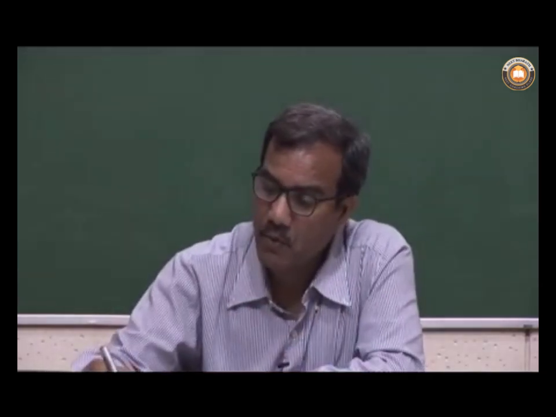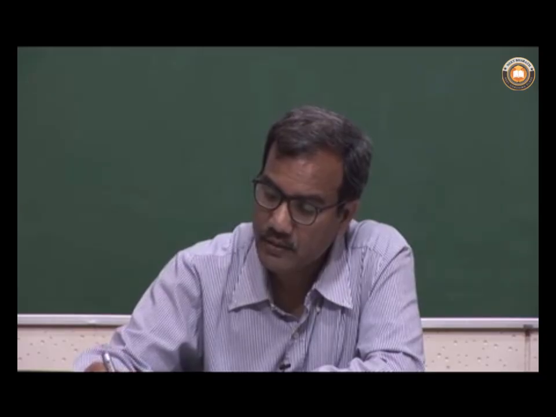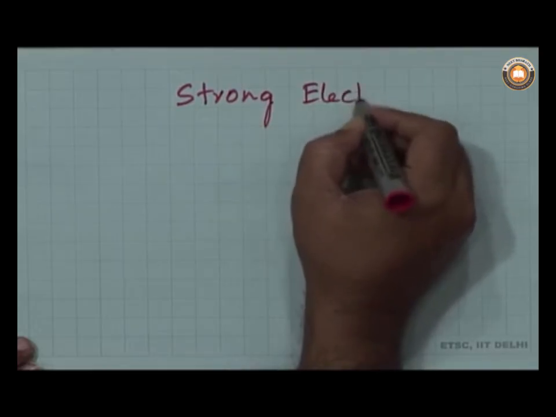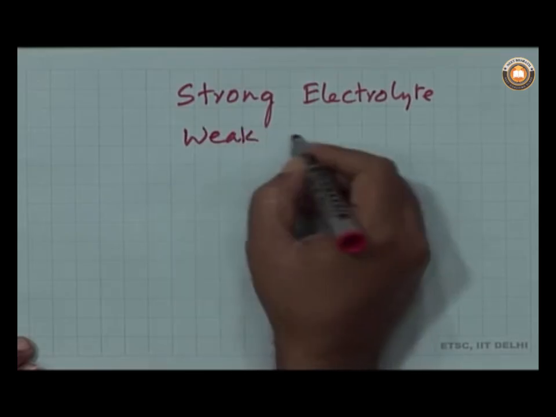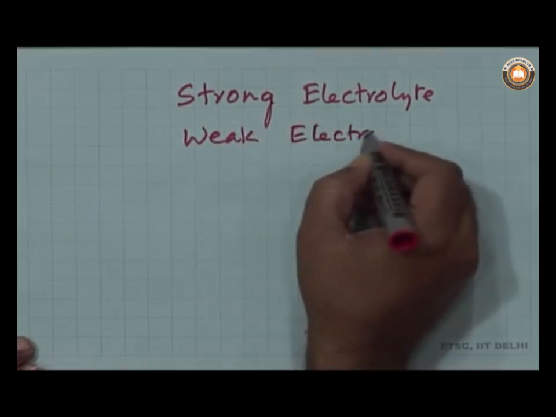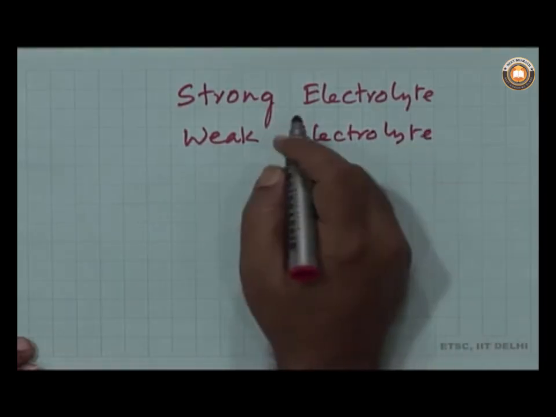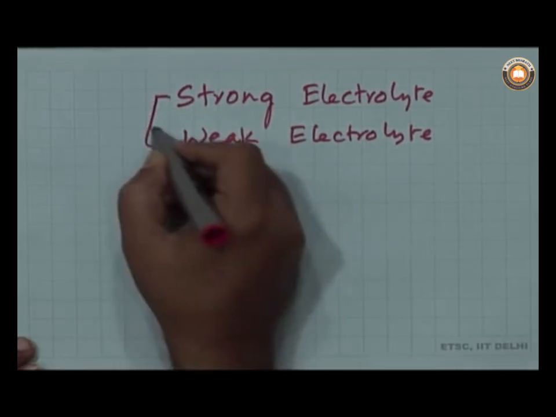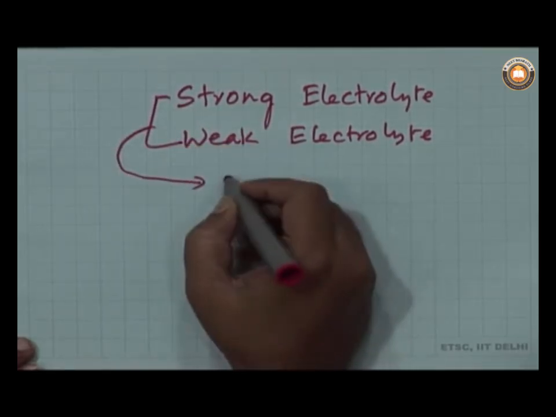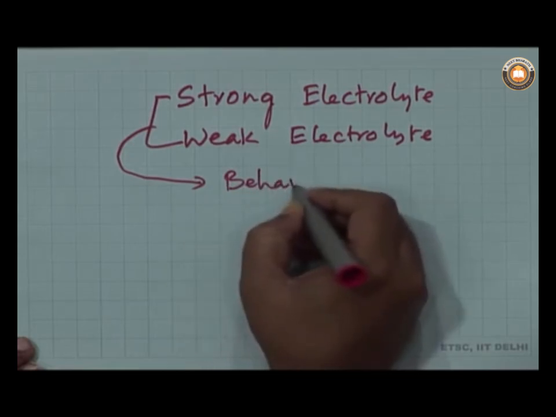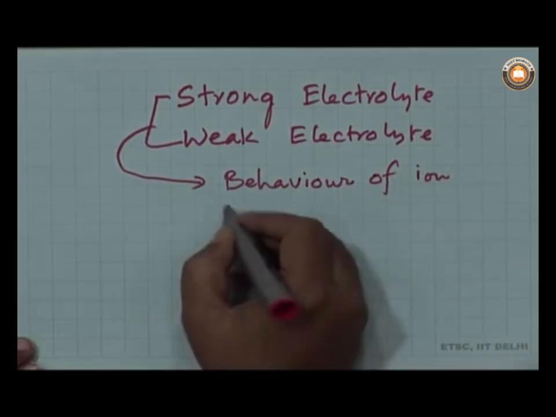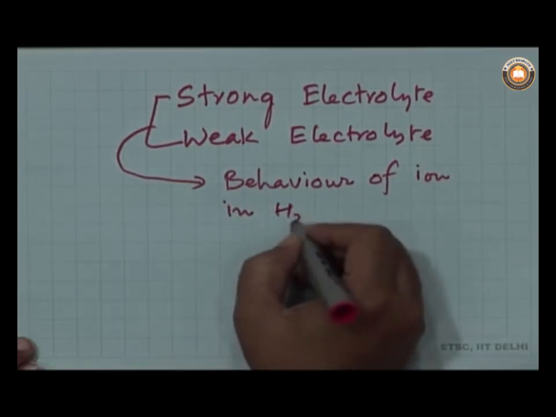Now, why are some compounds strong electrolytes and some compounds weak electrolytes? This will depend on the behavior of the ion in water.